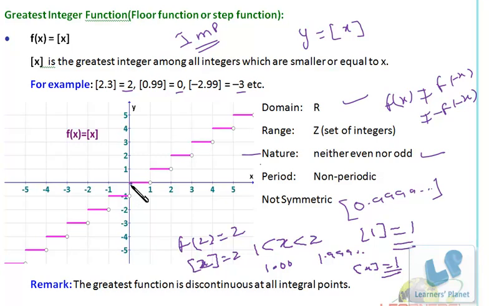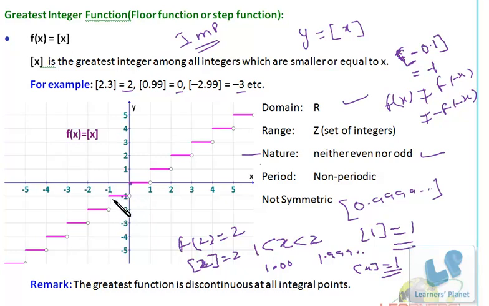Okay. Now here we can see on the negative side, from 0 to -1, suppose we calculate ⌊-0.1⌋, then the value of this will be -1, right? So till -1 we'll be getting the values as -1, right? And f(-1) will also be -1.